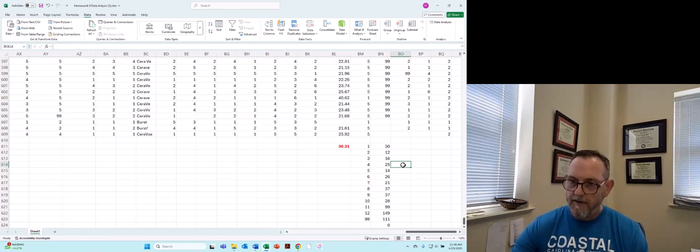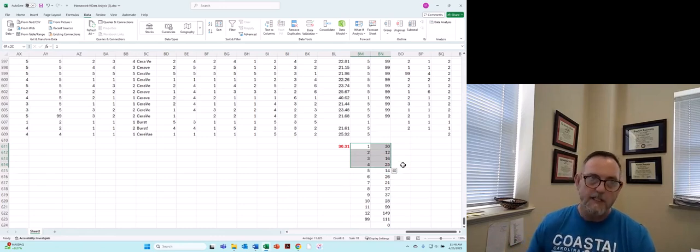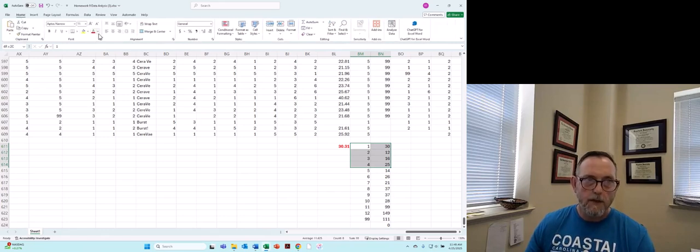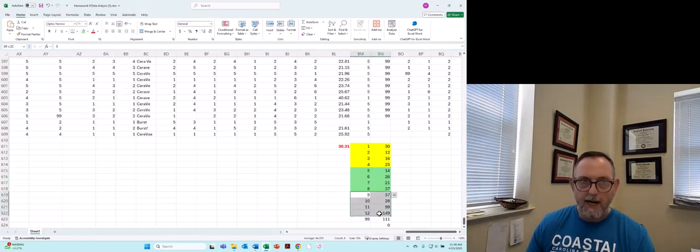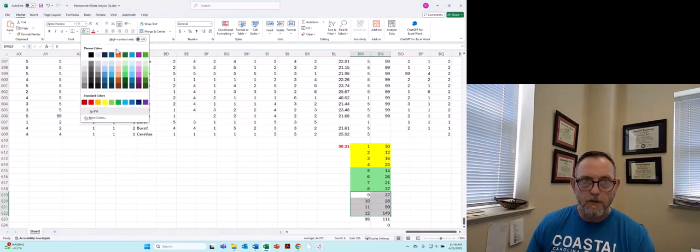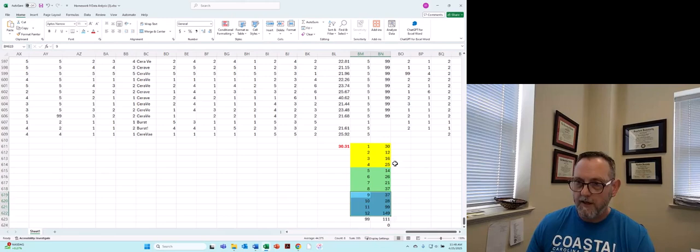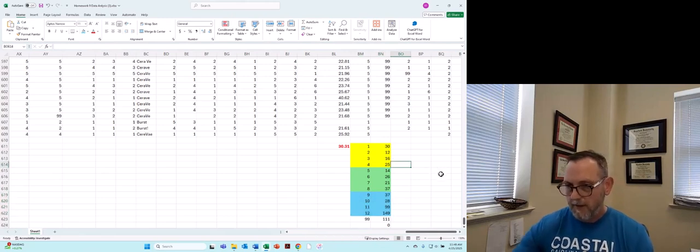Now we know that the 1 through 4 group is the ones who make less than 40,000 a year. That's one group. The next group is between 40 and 80,000 a year, and the last group is the folks who make more than 80,000 a year, because that's really the question.